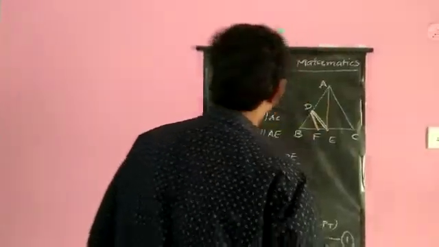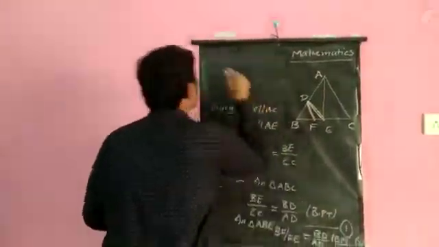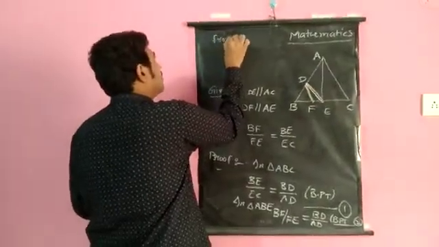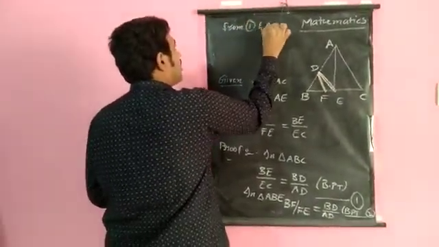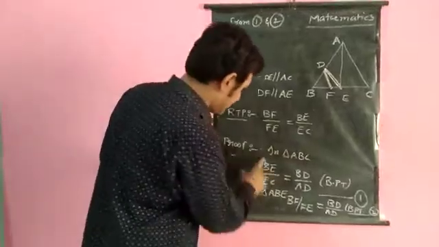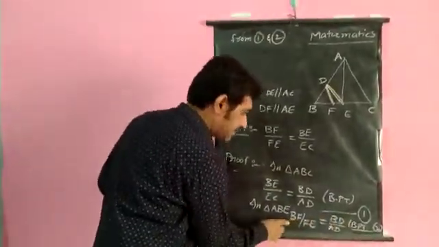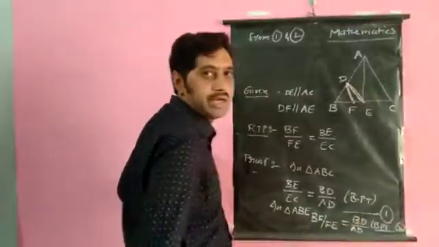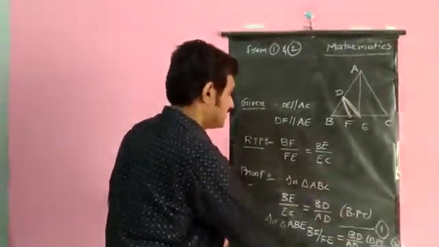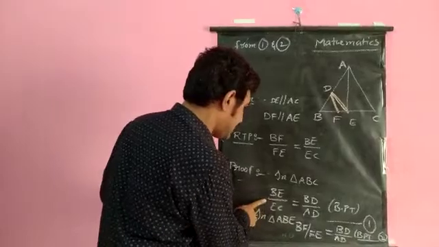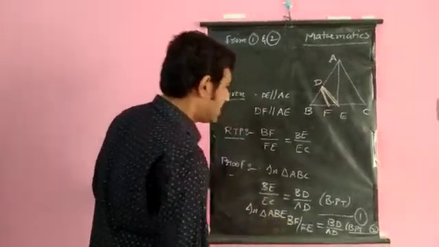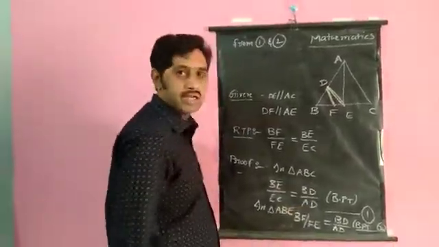From equations 1 and 2: in equation 1 we have BE by EC equals BD by AD, and in equation 2 BF by FE equals BD by AD. Both BE by EC and BF by FE are equal to the same thing, BD by AD, like the previous question.